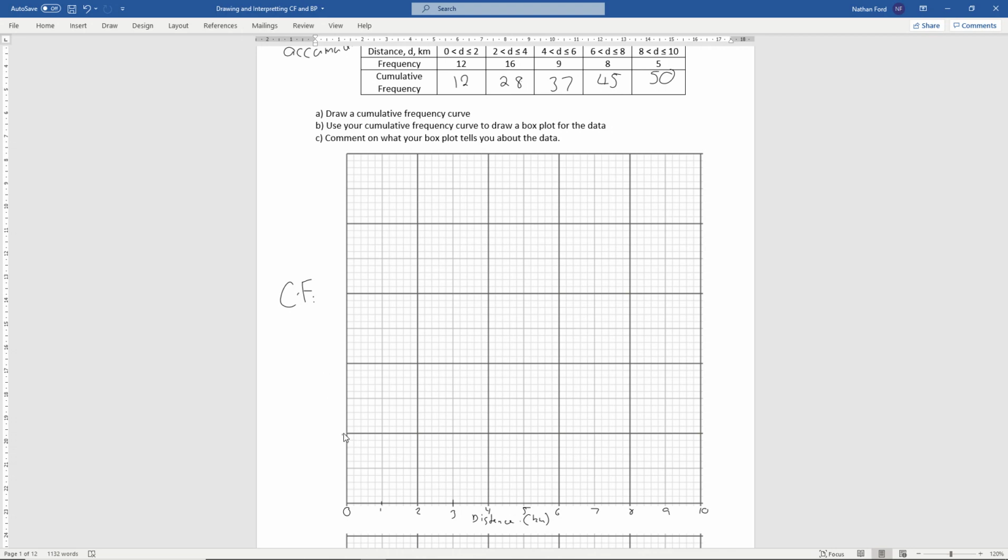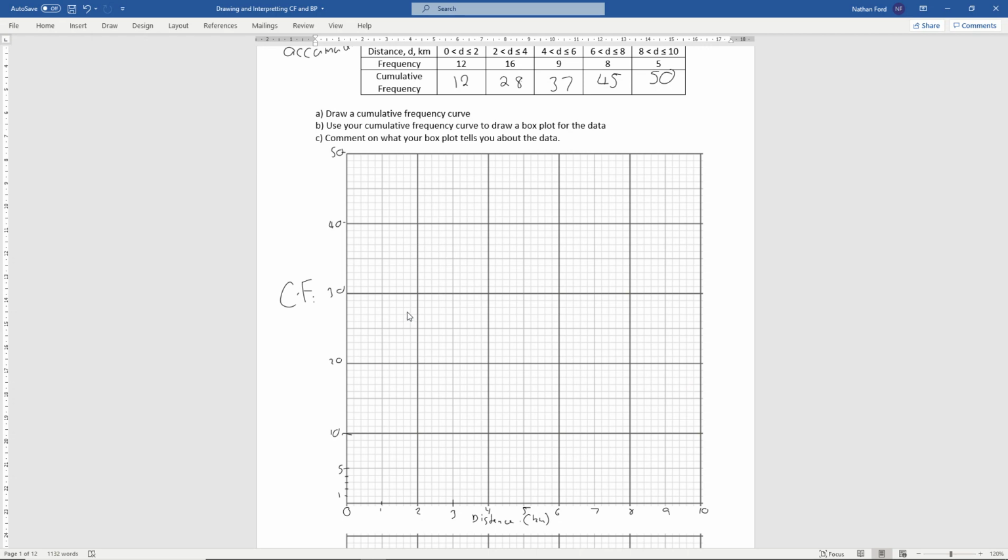Notice that my scale is all even. So 10 is always 10 on my y-axis, and 5 boxes is always 1 on my x-axis.